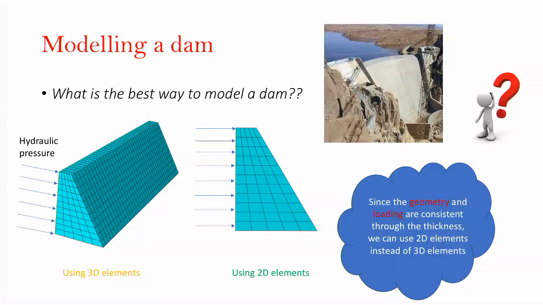There are some limitations on the number of elements you can use in the student version. I'm going to tell you more, but in the student version you can only use 1,000 elements. But everything else, like how to define the material and the elements, is the same, and you can just run the simulation.